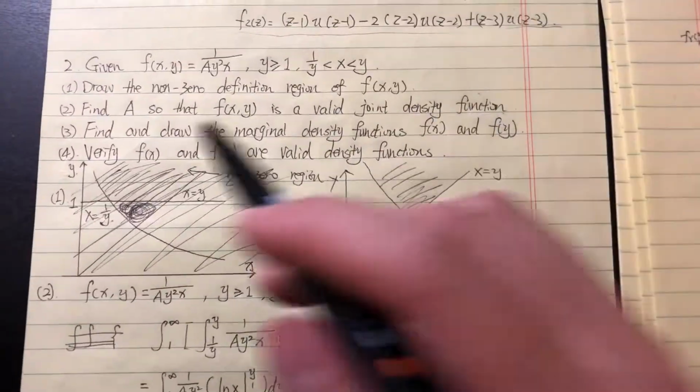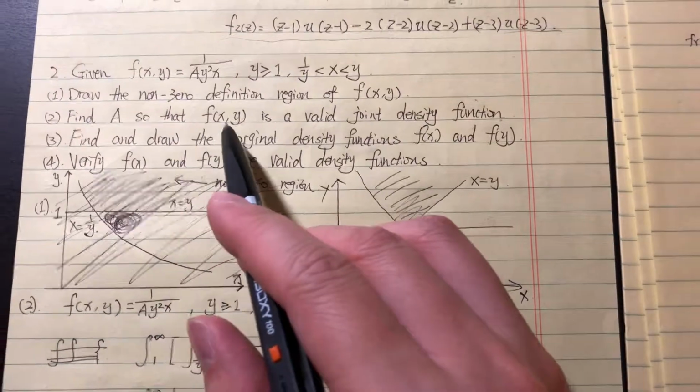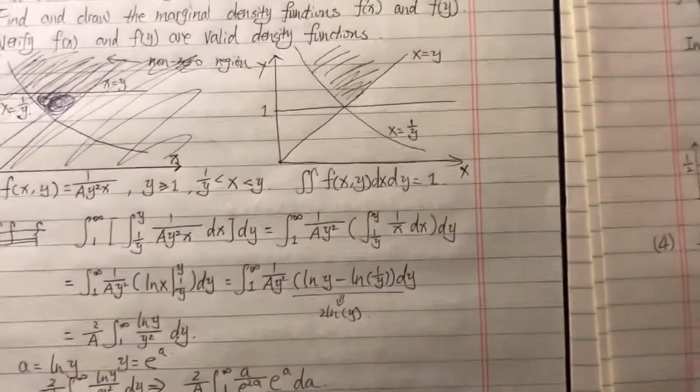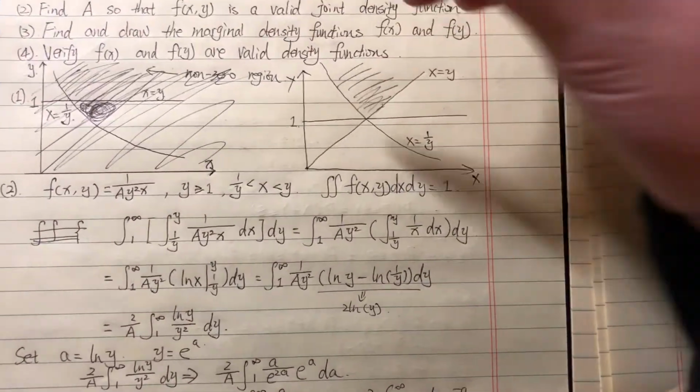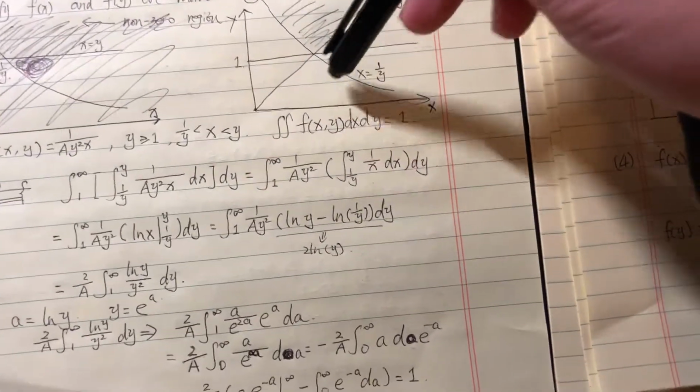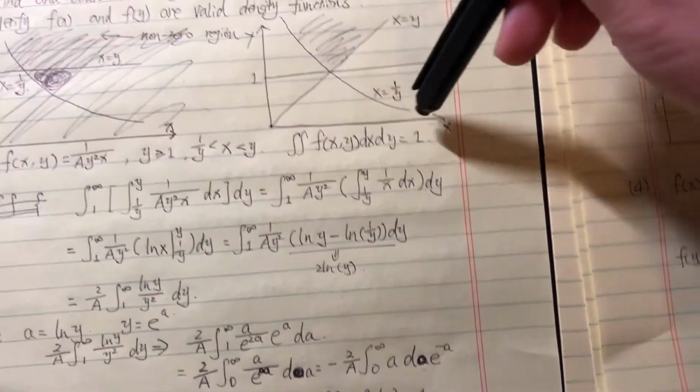And sub-problem 2 asks to find a so that f(x,y) is a valid joint density function. By definition, f(x,y) is a valid joint density function when the integral of f(x,y) dx dy is equal to 1.